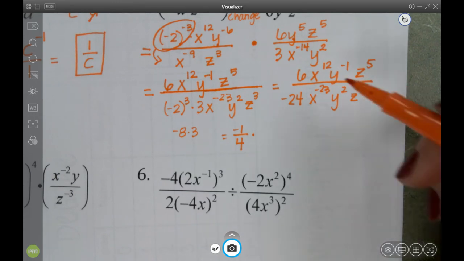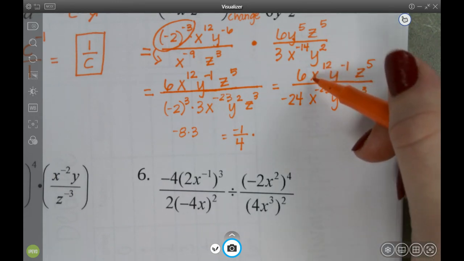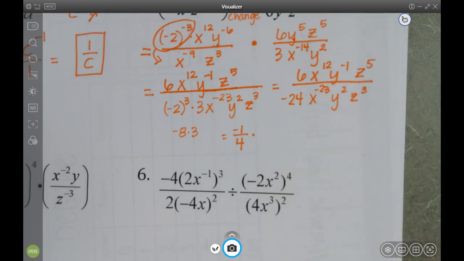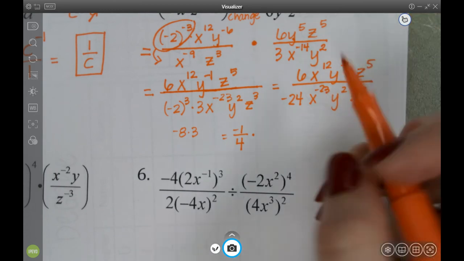Then I'm going to look at just the x's. I have x to the 12th over x to the negative 23rd. Twelve minus negative 23. Is that 35?